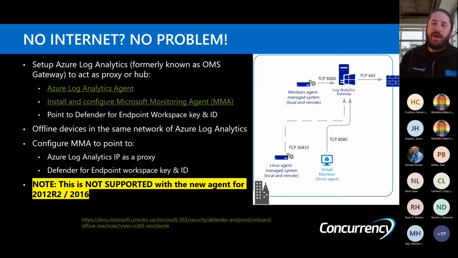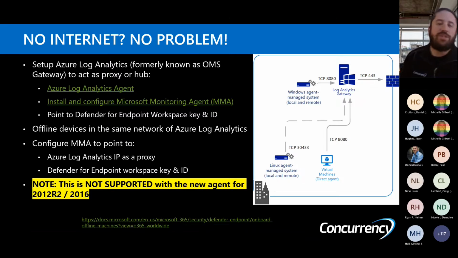So really nice capabilities that you get now with that server suite. One other scenario that I had seen is environments with data centers that weren't connected. One of the things that we would see is deploying the Log Analytics gateway into their environment to act as a forwarder. The downside is that it is no longer supported with that new agent.